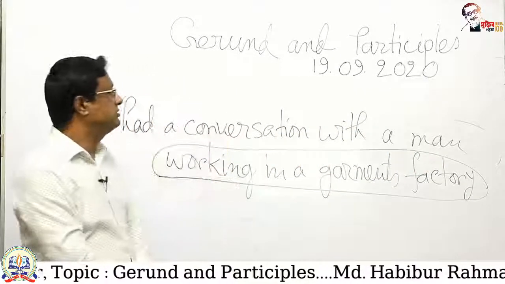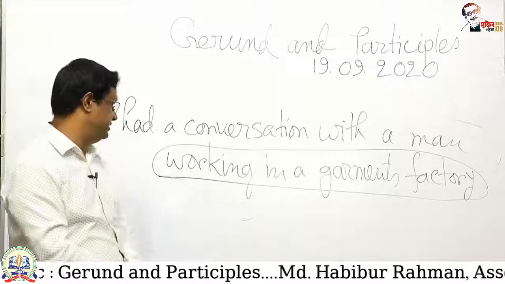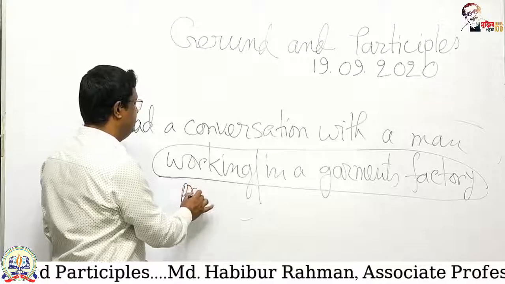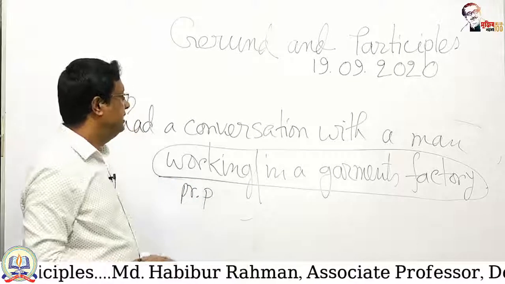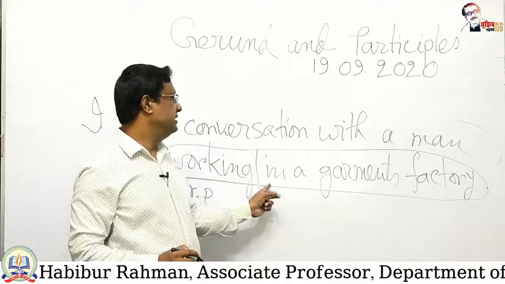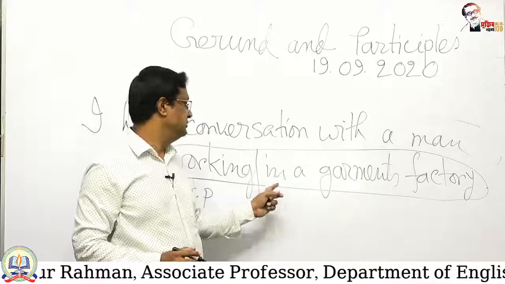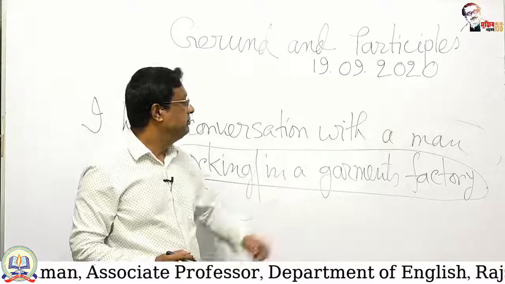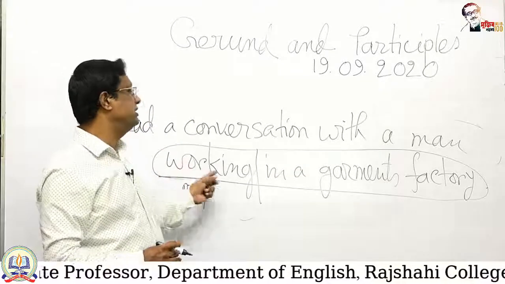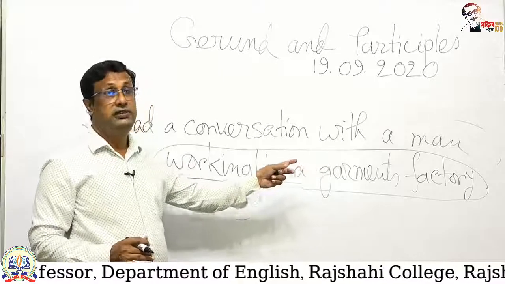So this is called a present participle phrase. Here working is the present participle. And after the present participle there is another phrase, in a garments factory. So the total thing is working in a garments factory.